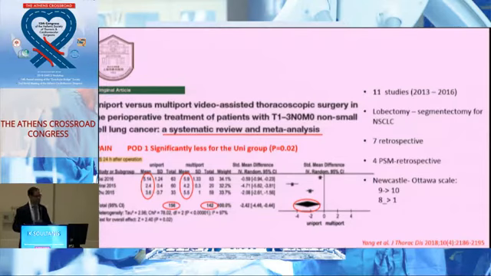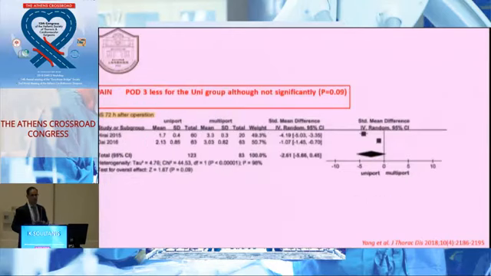So this meta-analysis claimed a significant advantage of uniportal VATS over multiport techniques in terms of pain on postoperative day 1. Although this advantage remained until postoperative day 3, it was not statistically significant.